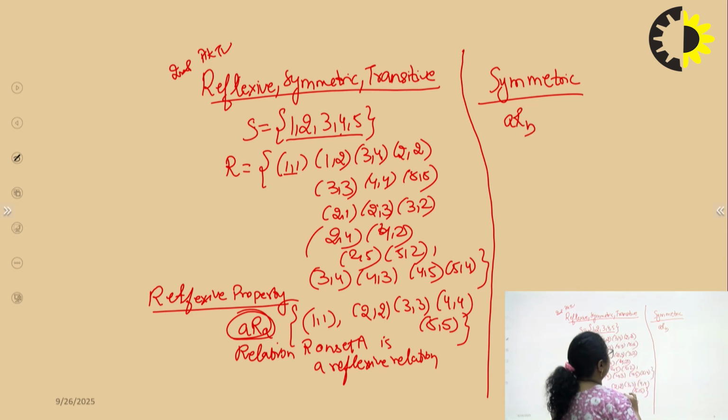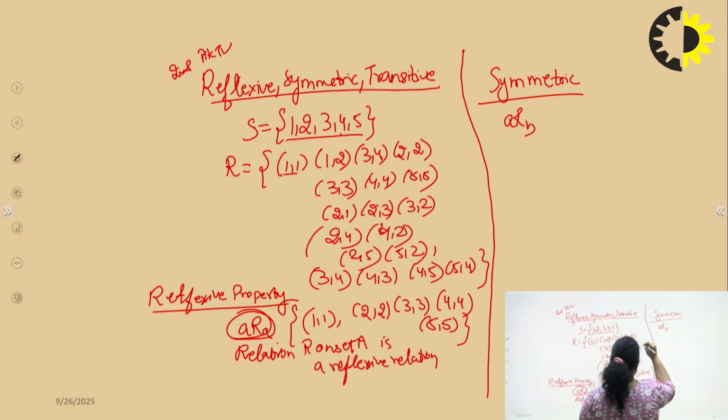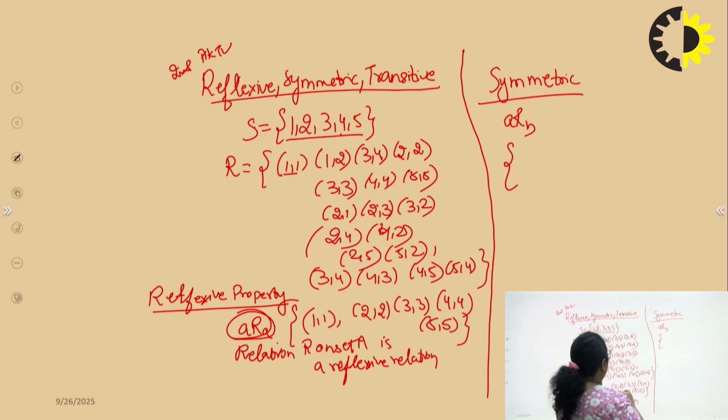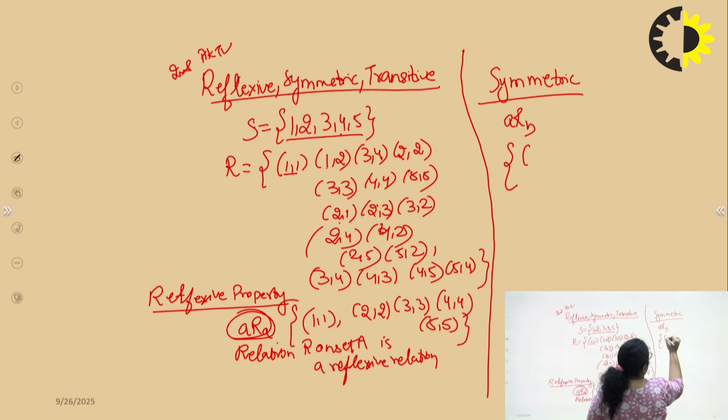That means if (1,2) is there, then its reverse (2,1) should be there. So we look for (1,2); if it is present, then we look for (2,1). Is (2,1) present? Yes. So (1,2) is there, and (2,1) is also present.